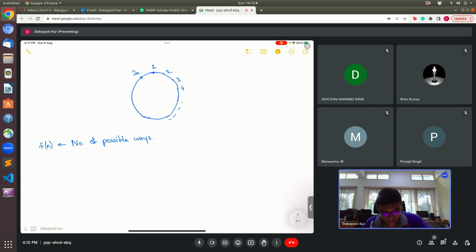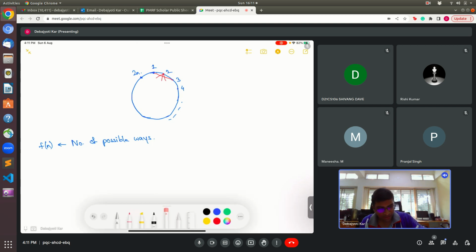Now the thing to observe is, can 1 be matched to any odd number? Suppose 1 is matched to number 3. Then 2 cannot be matched to anyone, because if you want to match 2 to any other number, it must cross this particular line, right? So 1 cannot be matched to 3. Similarly, suppose 1 is matched to 5.